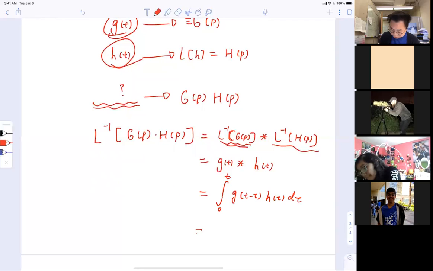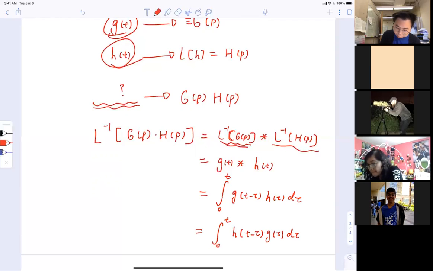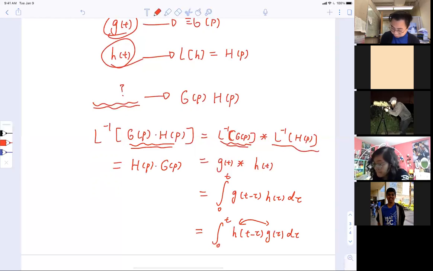Of course, you can change the position: h(t minus tau) g(tau) d tau. It doesn't matter because you can see there's a symmetry in your expression here. Of course, g times h equals h times g, so you can also exchange the position for g and h here.